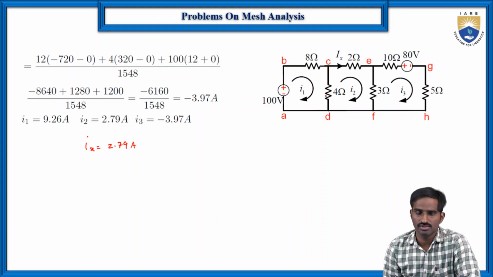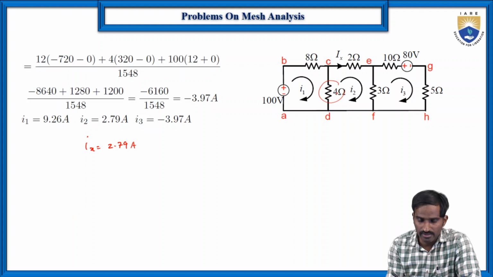Suppose you want to find the current flowing through the 4 ohm resistor. Here you may have a doubt whether the current I4 is I1 minus I2 or I2 minus I1.